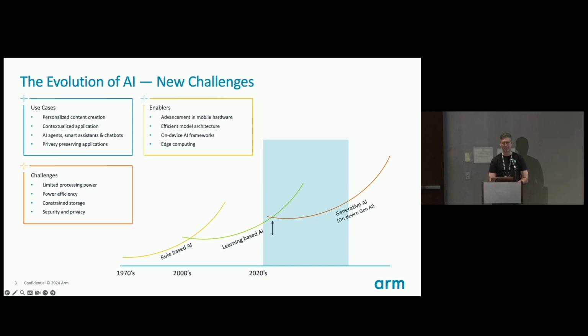That let us do things like some basic object detection and image recognition, a little bit of natural language processing as well. And then deep learning neural networks came on that added layers and layers of neural networks together to improve those even more. So that's led us to almost where we are today.